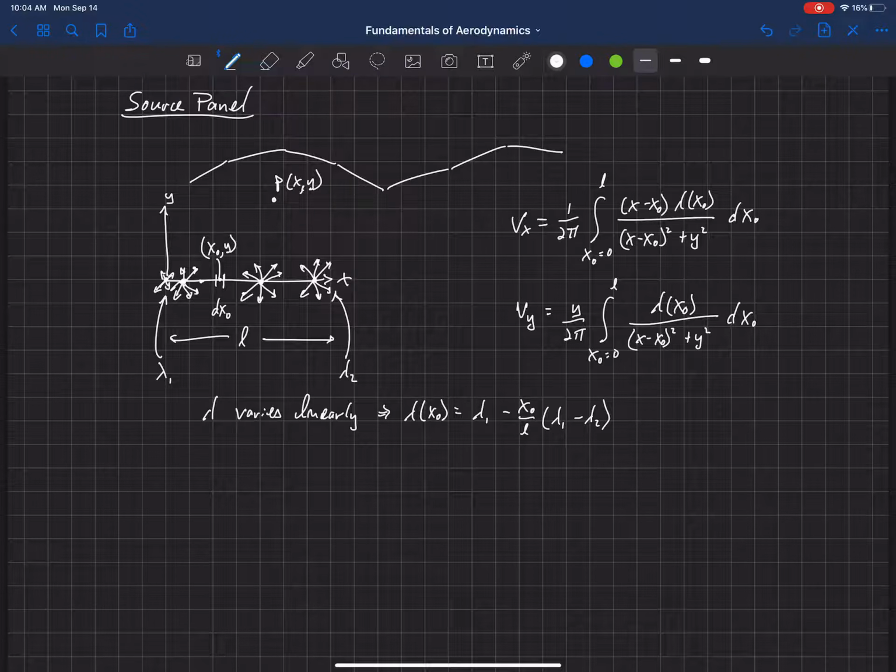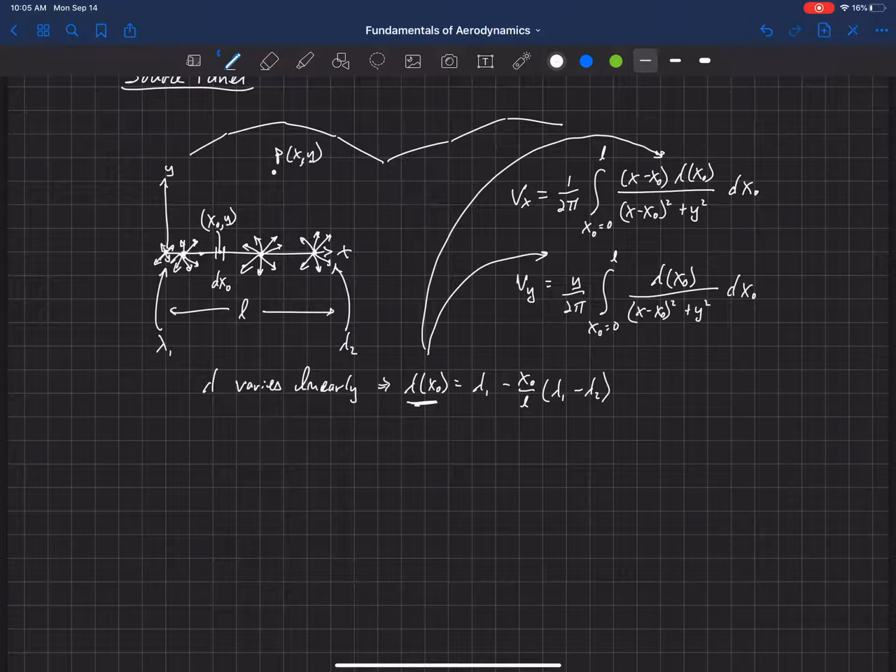Okay, so that's just a linear function that tells us the strength at any point, lambda of x naught. So now we can plug that into these equations for lambda of x naught, integrate, and that will give us this final solution here.